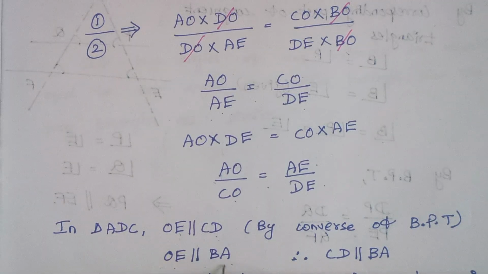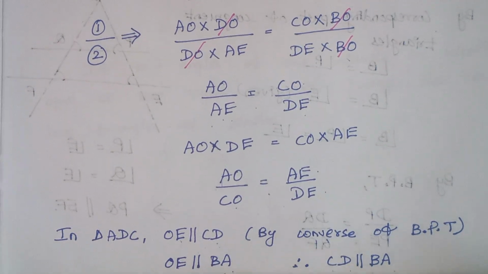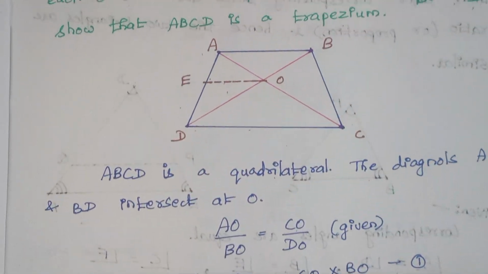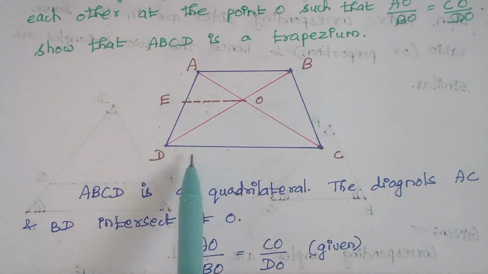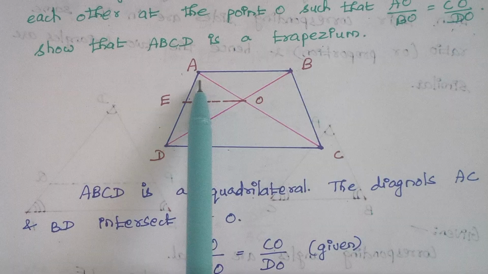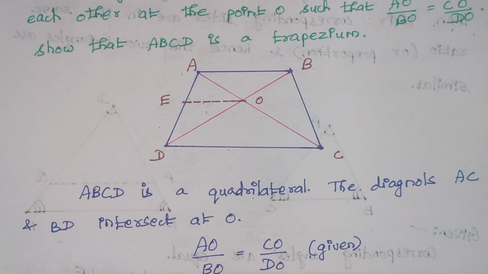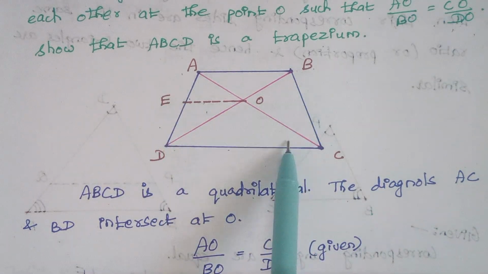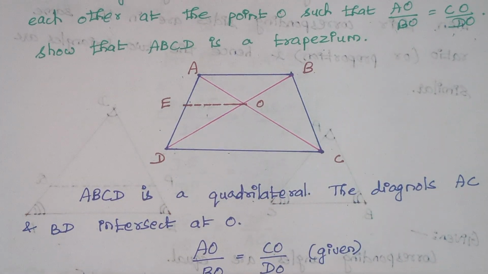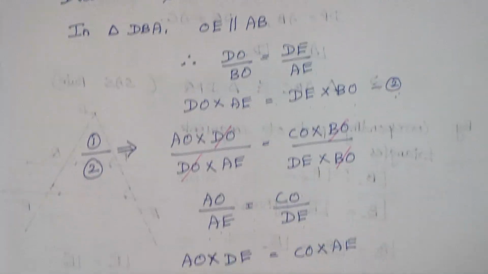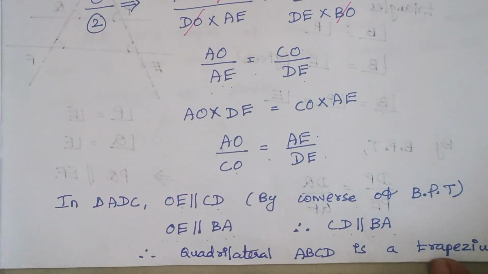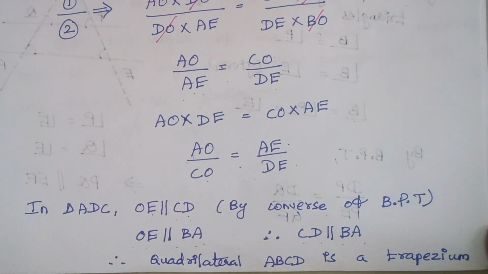Finally we can conclude that CD is parallel to BA. When the side CD is parallel to AB, obviously we can say that the given figure ABCD is a trapezium. So finally, quadrilateral ABCD is a trapezium.